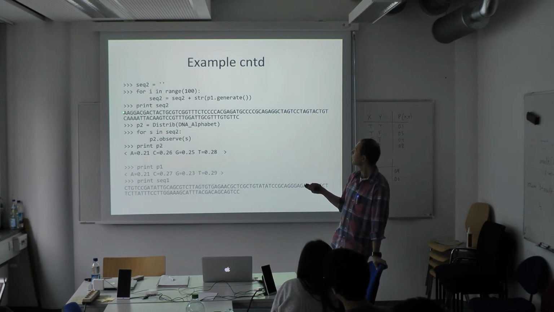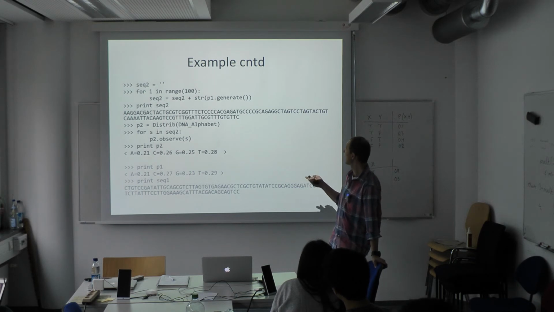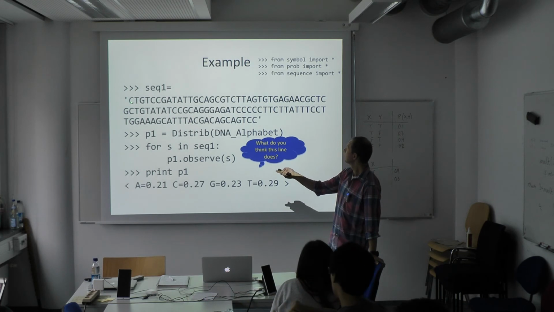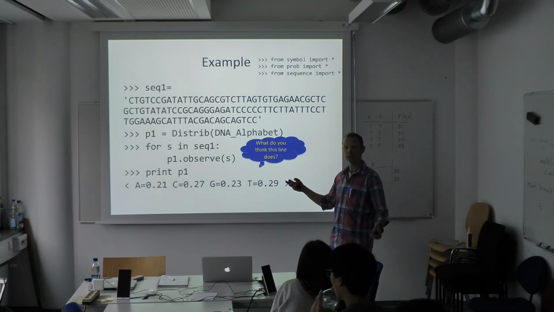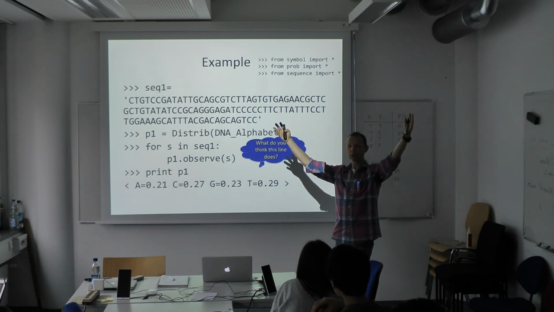So you would look at windows of these things here. You would capture some of the dependencies between the different positions, right? And ideally, what we'd like to do is go back to the original sequence, look at this whole thing and memorize that and say, this is what the sequence should look like.